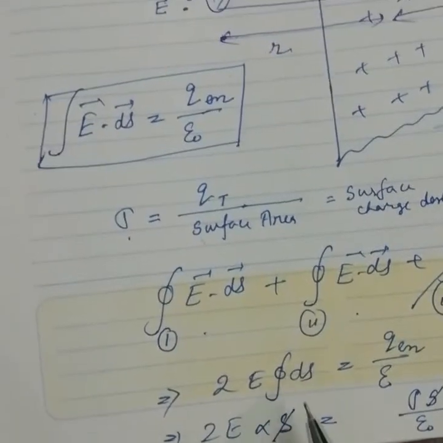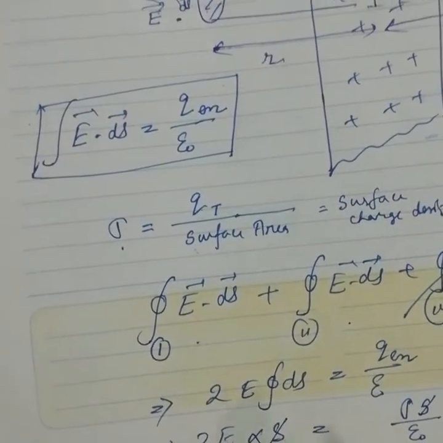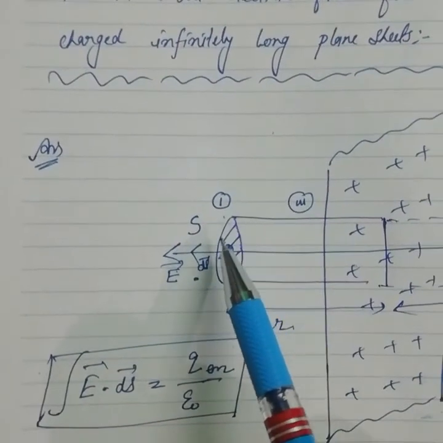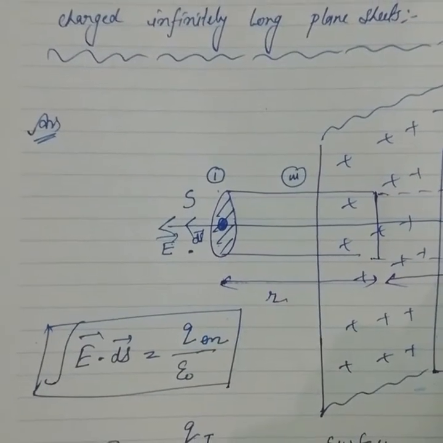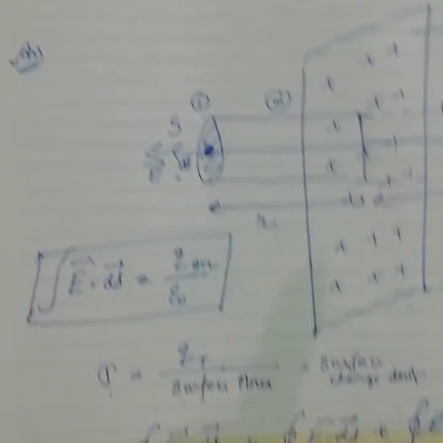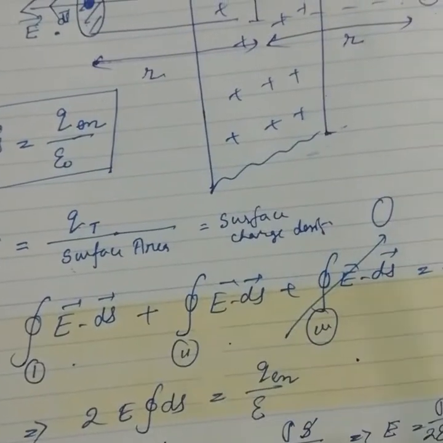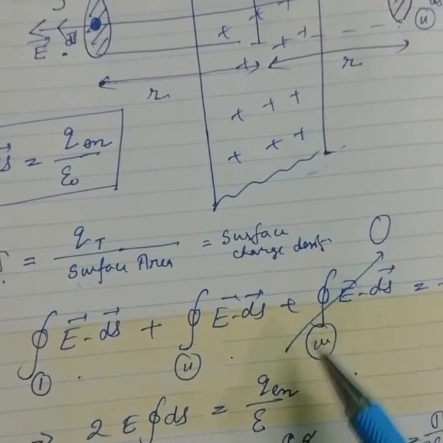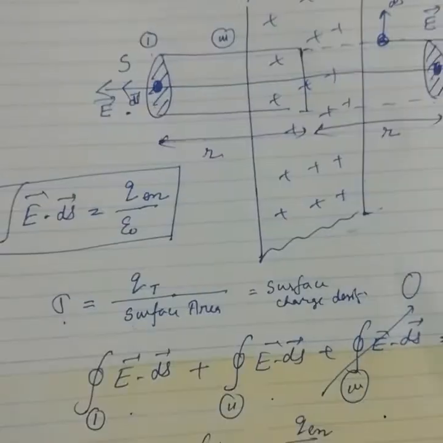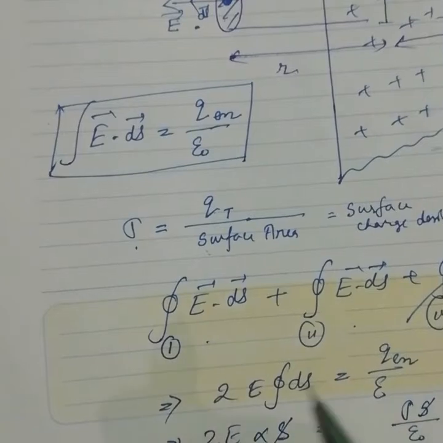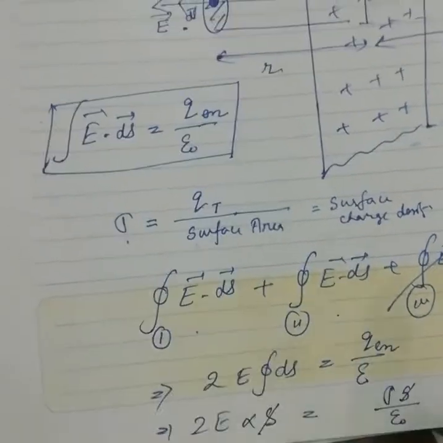I have mentioned here that the surface area of this section and this section is S only. For the body part we do not require the surface area, because the body part is already going to be 0. We need the surface of both ends.